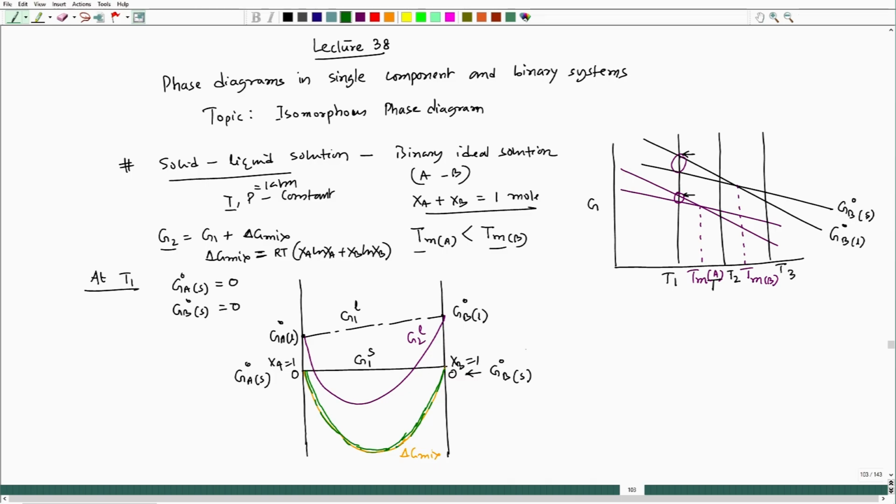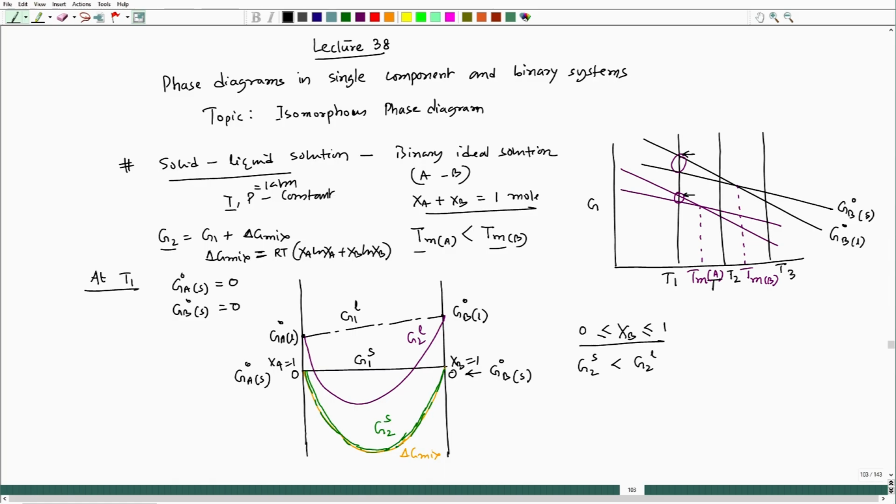This is G2 solid. So, you see that at all compositions, XB greater than or equal to 0 and less than or equal to 1, over this entire composition range, G2 solid is less than G2 liquid.